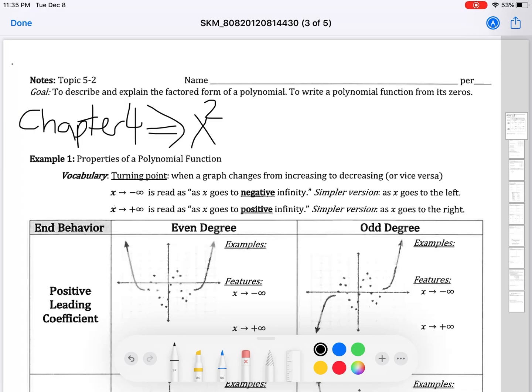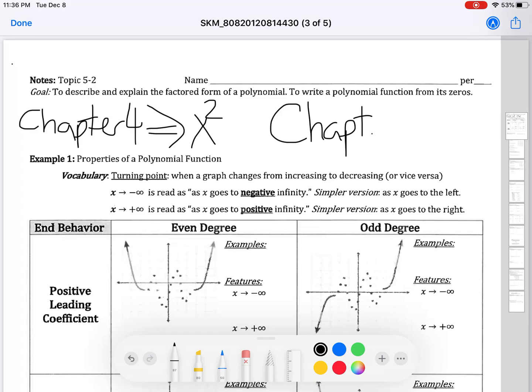Okay? At the very beginning, we learned a lot about their features, vertexes, axes of symmetries, domains, things like that. Towards the middle, we learned some processes that we could do with them, especially factoring. And then towards the end, we really learned how to solve them or find their x-intercepts. All of those same things can be done.